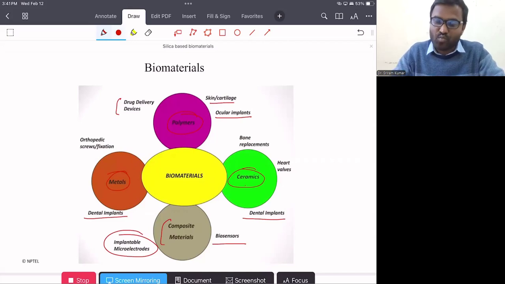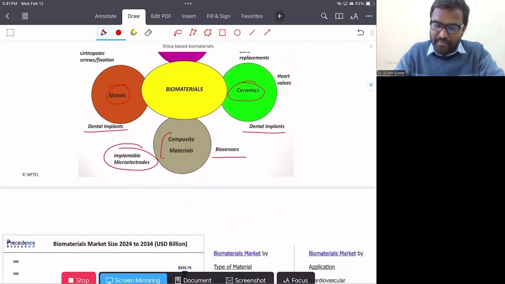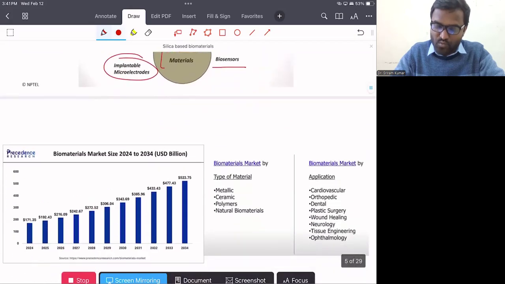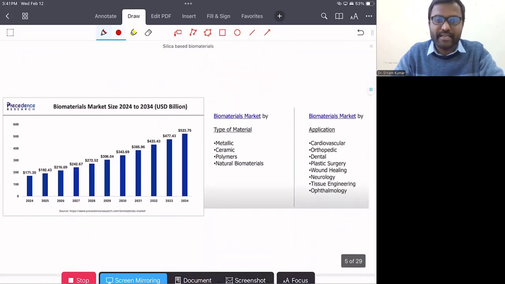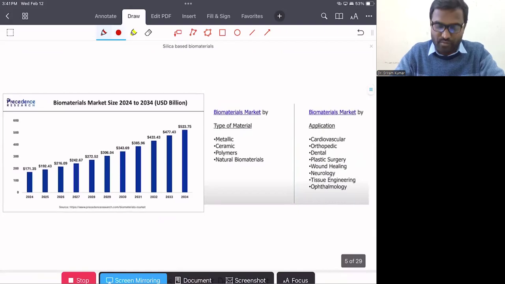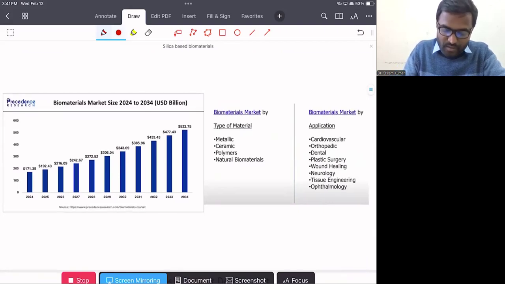So now let's understand what the physical parameters are. But before that, let's understand what the market size is and what the future of biomaterials is.